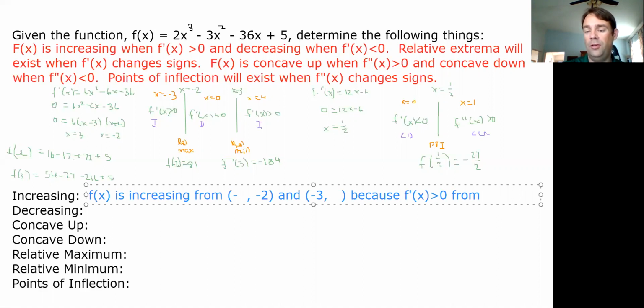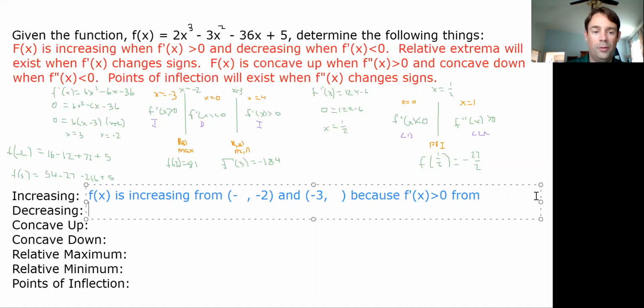I'll write the rest of that in here in a second because I'm running out of room. f of x is decreasing from -2 to 3 because f prime of x is less than 0 from -2 to 3.